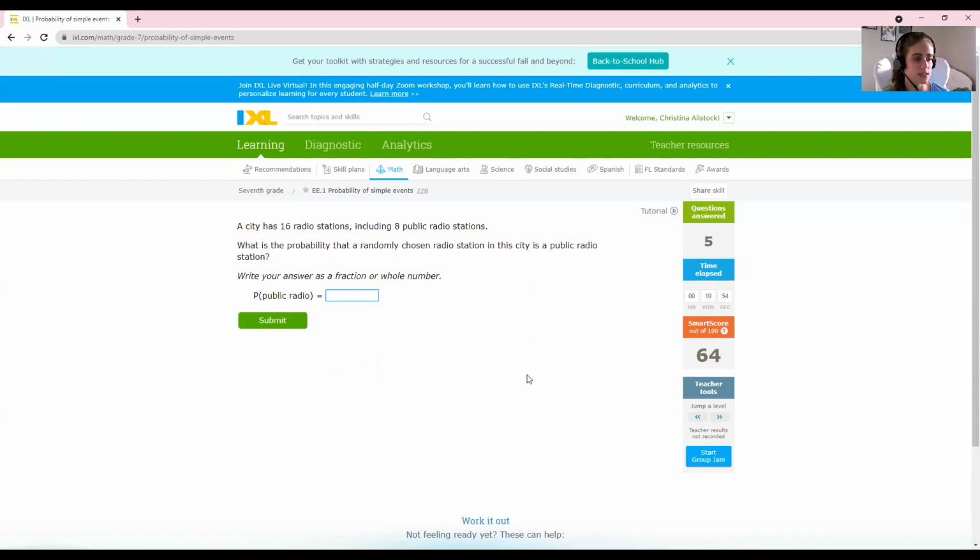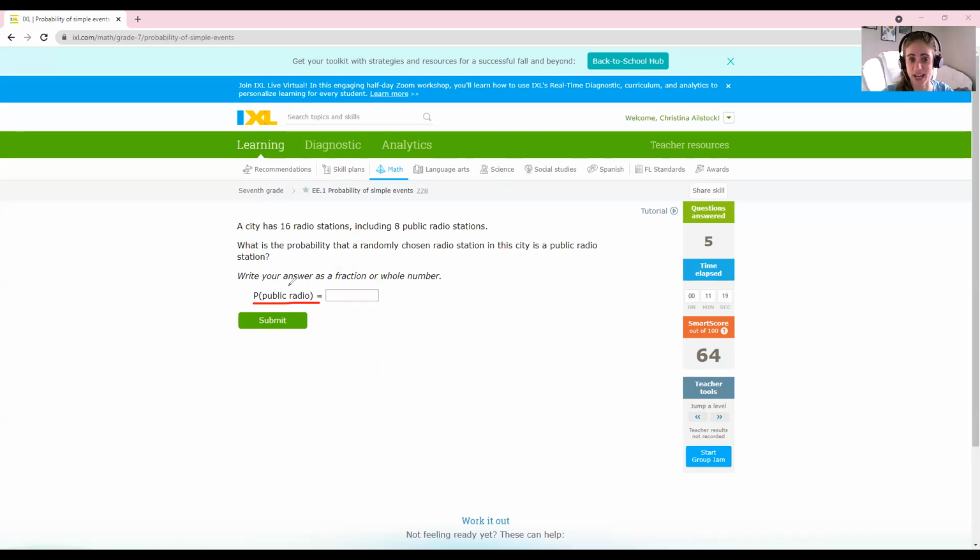A city has 16 radio stations, including 8 public radio stations. What is the probability that a randomly chosen radio station in this city is a public radio station? All right, a lot of words, going to have to reread through that. So what are we trying to find the probability of? We want to know how many people are choosing public radio.